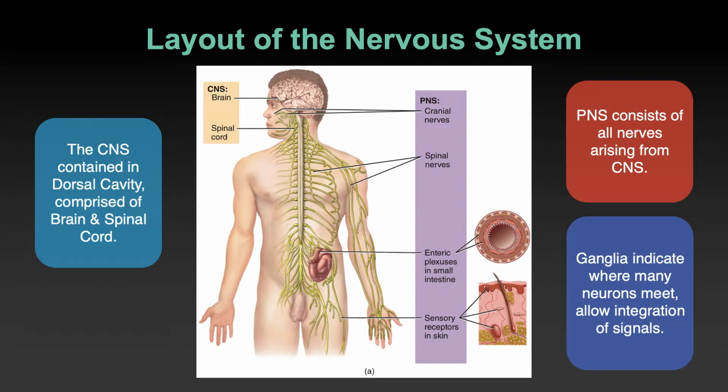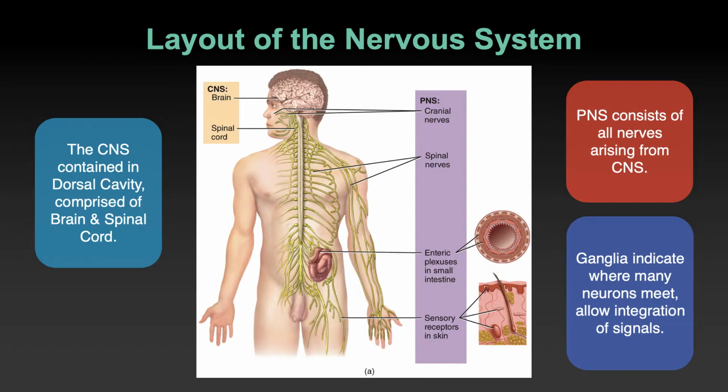And we'll see that these are really interesting places because it allows for complicated connection and integration. Because there are a lot of cells there, a signal being sent to a ganglion can go to a lot of different places. So those become important when we talk about integration and processing of reflexes, for instance.